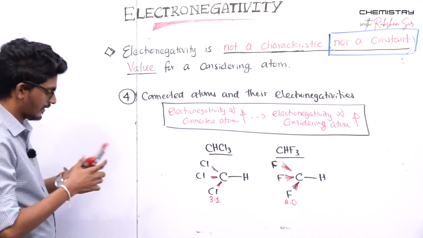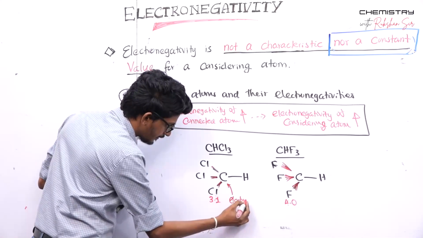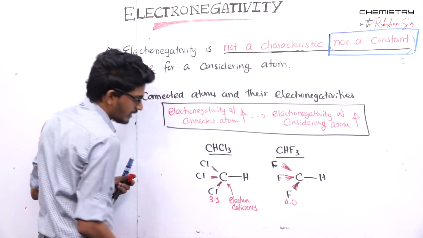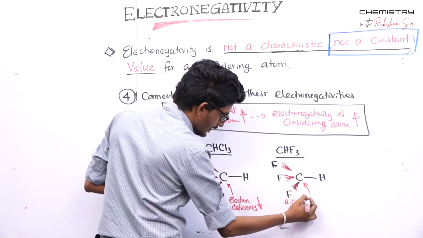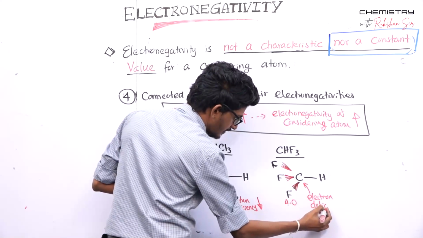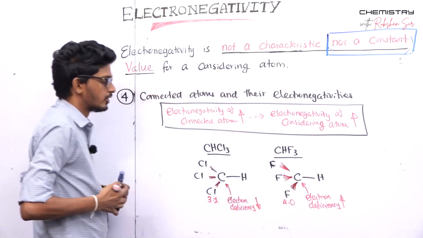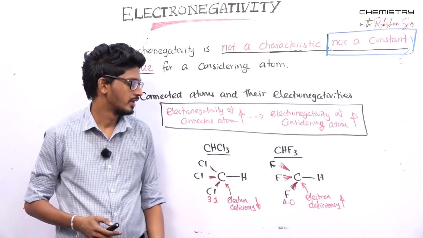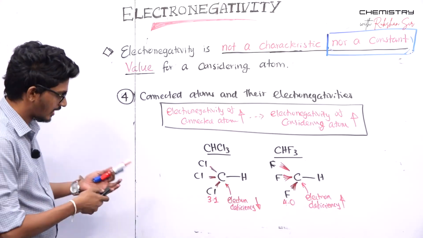So this carbon's electron deficiency will be low, while this one's electron deficiency is high. So with greater electron deficiency, your electronegativity is high, right? That is the ultimate idea.